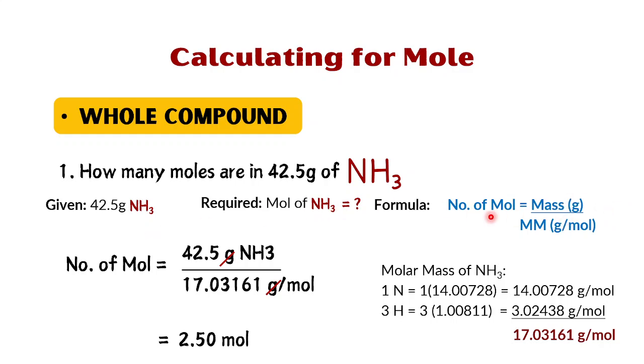For number of moles, this is equal to 42.5 grams of ammonia, as you can see. So I place 42.5 grams NH3 here because this is where we should write down the mass of our compound. So this is the mass of the compound, and then divided by its molar mass.